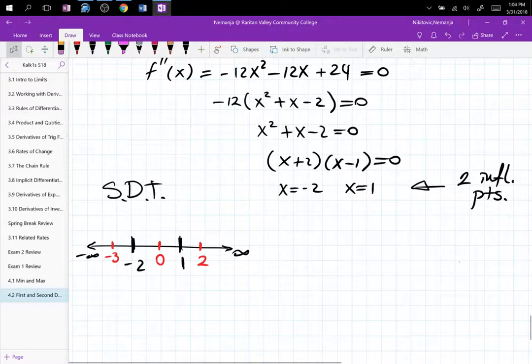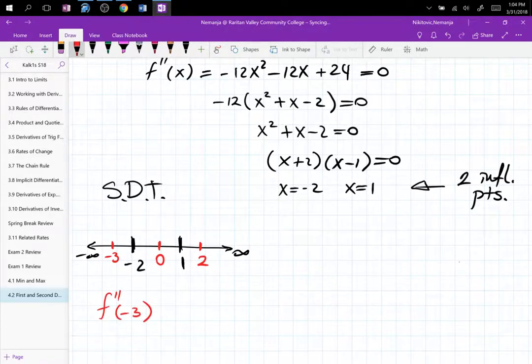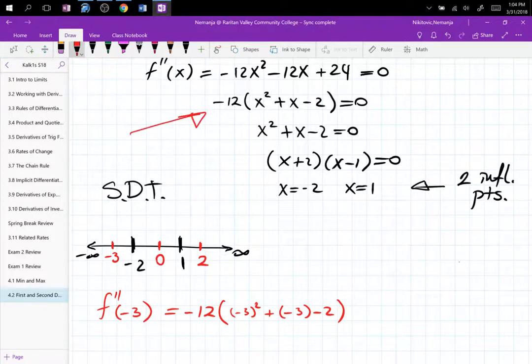Now, second derivative computed at -3. I'm going to use -12 times, and now I have -3 squared plus -3 minus 2. Observe that I chose the factored version rather than the actual one up there, because in a factored version I just need to know whether this is positive or negative and then times a negative number.